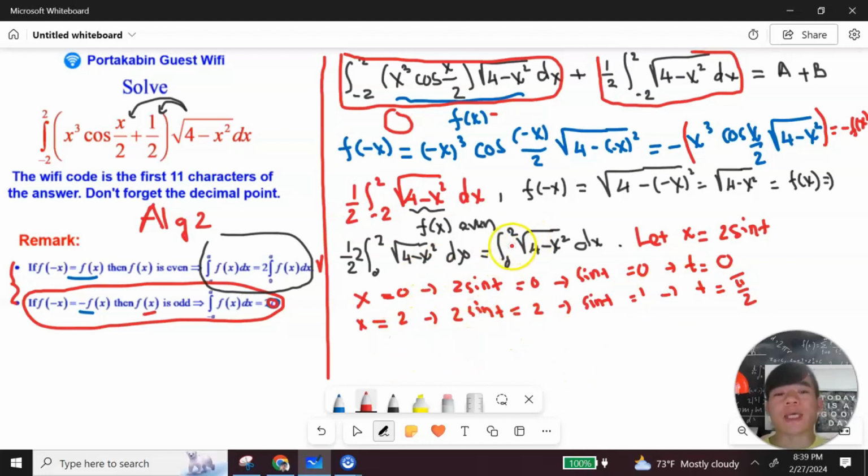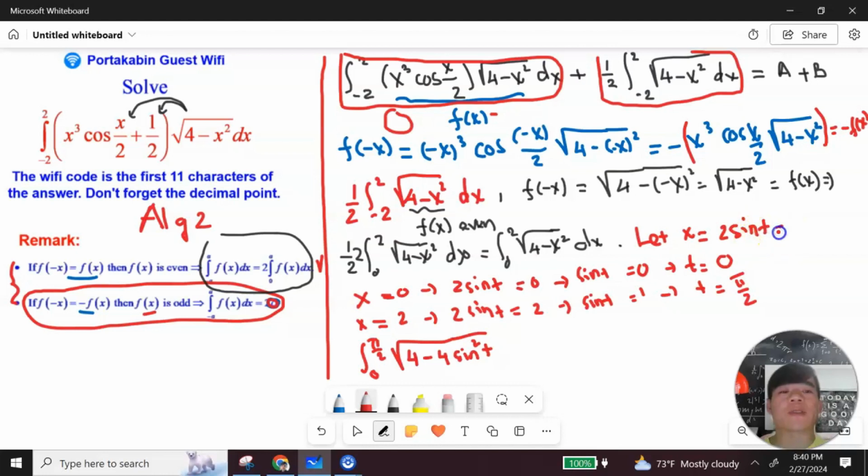All right, so next one. The integral, this guy becomes what? The integral from 0 to 2, which is 0 to pi over 2, of root 4 minus s square, but s equals 2 sine t, so it's going to be 4 sine square t. Oh, I forgot to take the derivative of this one.